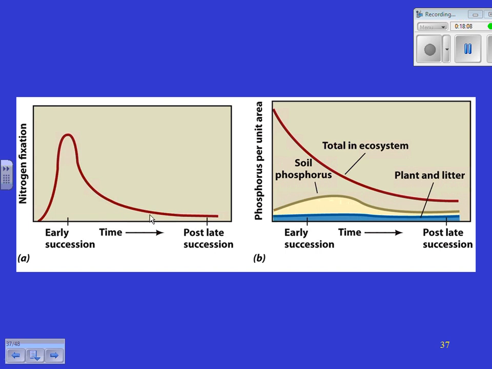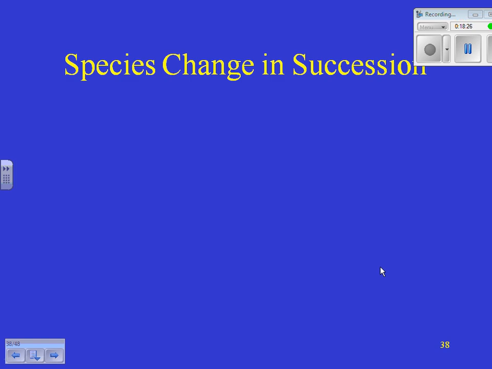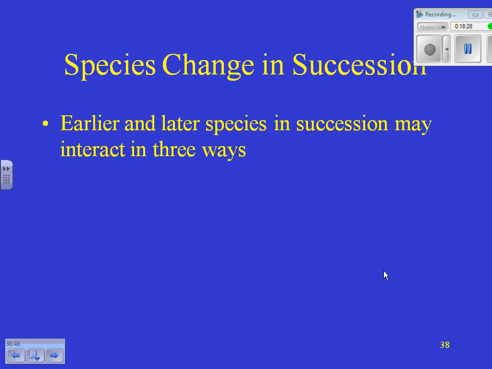If we look at nitrogen fixation, over time with no disturbances, nitrogen fixation happens less and less. Phosphorus per unit area is going to decrease post-late succession. Right? We need some of these disturbances to happen.